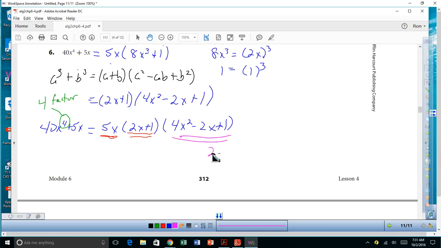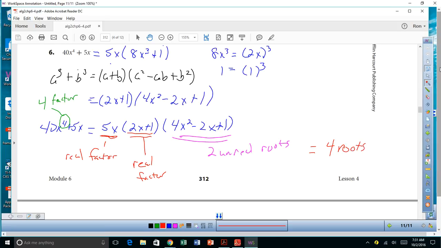That's a real factor, and this is a real factor, for a total of 1, 2, 3, 4 roots, which is what this said we'd have.